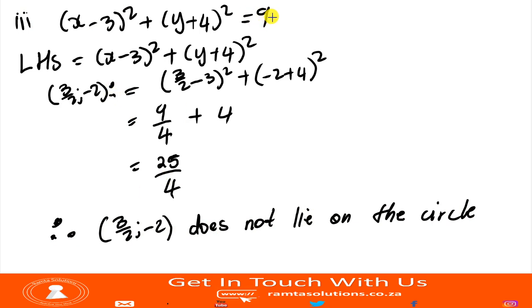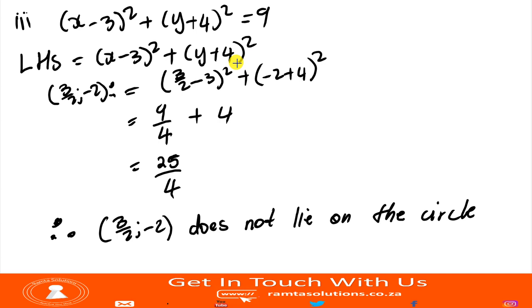If it gave us 9, we would say it lies on the circle. But it didn't give us 9, rather it gave us 25 over 4, which is not 9.